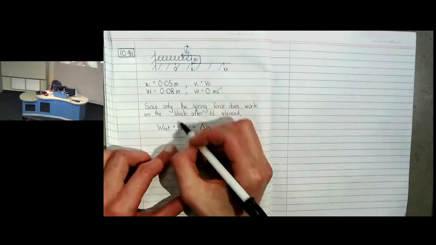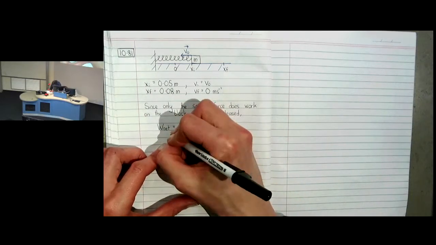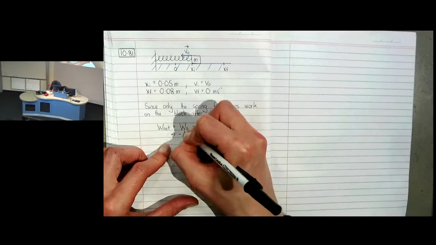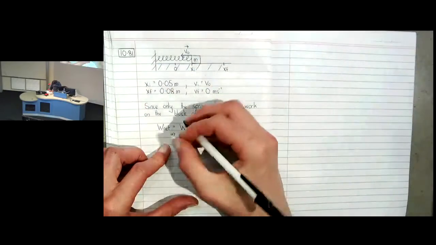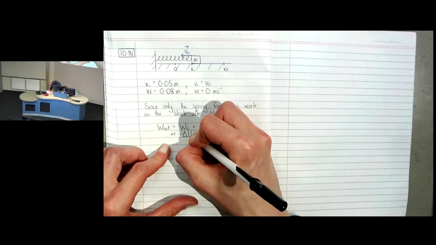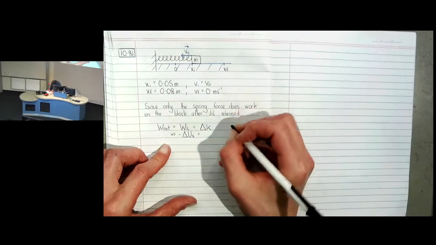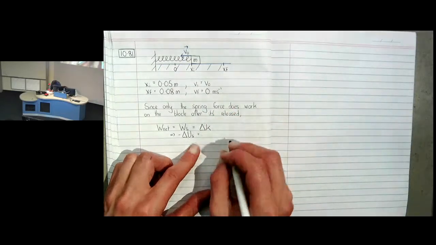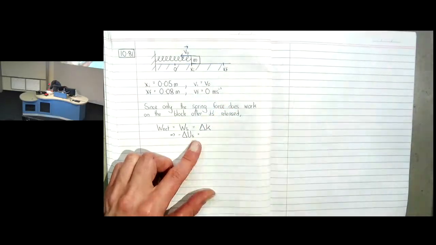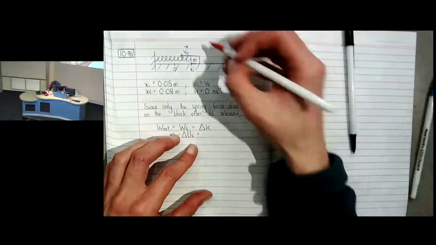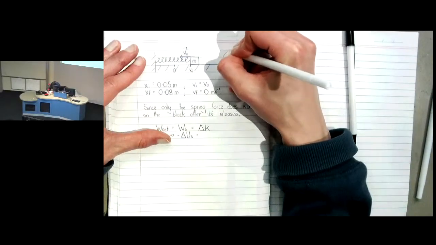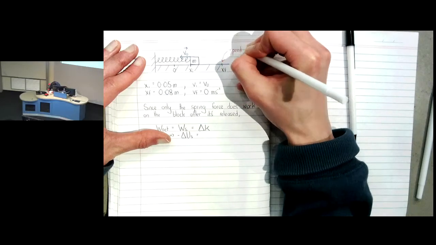So let's think about what the work being done by the spring force is. As usual, this is equal to the negative of the change in the block-spring system's elastic potential energy. And the change in the kinetic energy is just going to be equal to the final kinetic energy minus the initial.